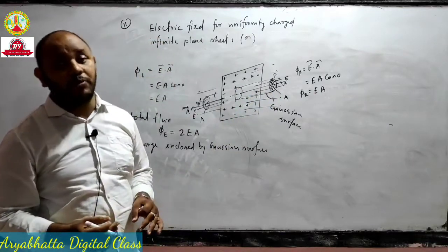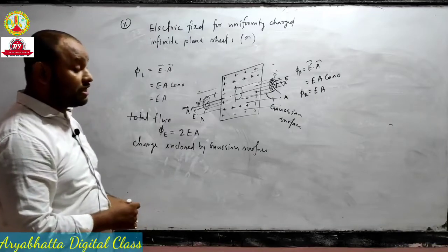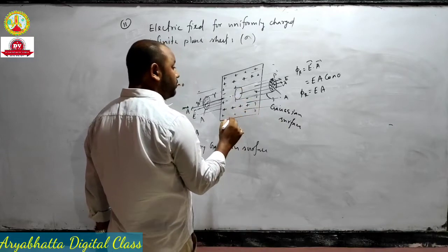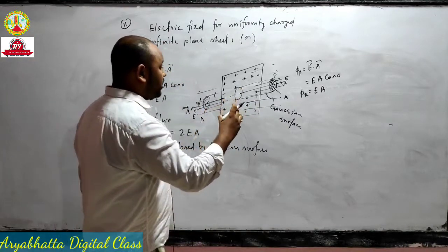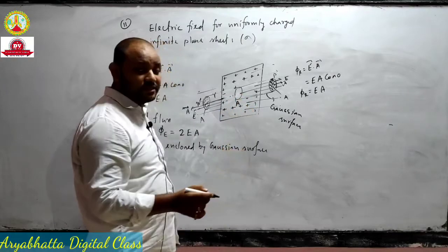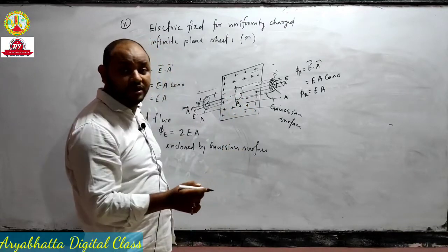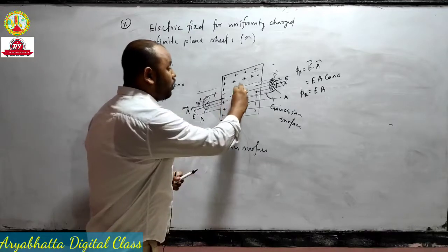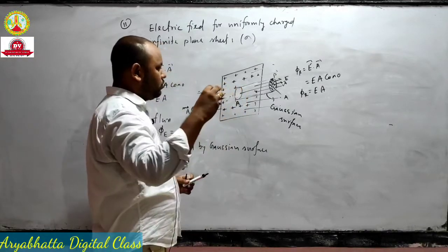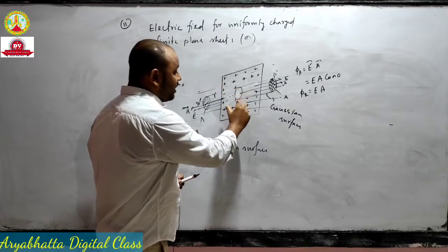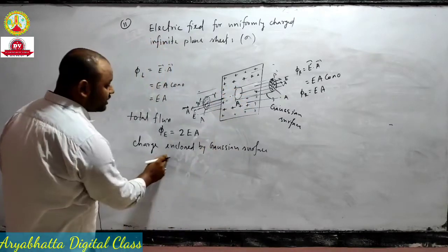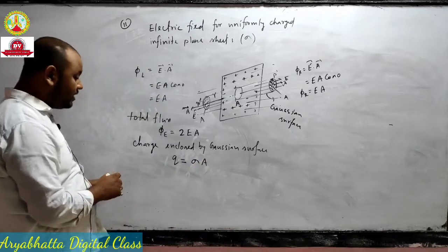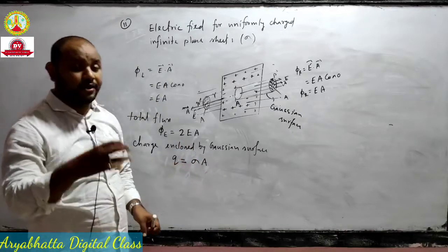How much charge will it enclose? It will enclose sigma into A, because this Gaussian surface will cover an area of A. The charges are uniformly distributed over this surface, and the cylinder will cover an area of A. That is why the charge enclosed by the Gaussian surface will be Q equal to sigma into A. What is A here? A is the area enclosed by the Gaussian surface.